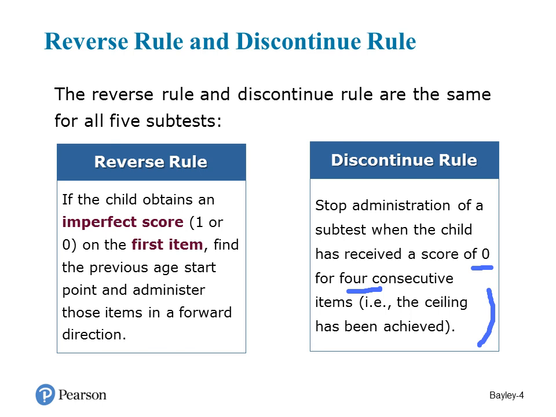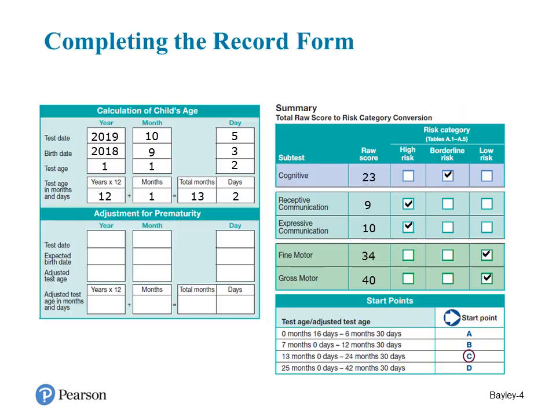There is a slight variation compared to the Bayley-4 Screening Test, of course, because of that polytomous scoring now. So instead of saying if the child obtains a score of 0 on the first item, we say if the child obtains an imperfect score. As we know, a perfect score would be 2. So if the child obtains a score of 1 or 0 on the first item, you find the previous age start point and administer those items in a forward direction.